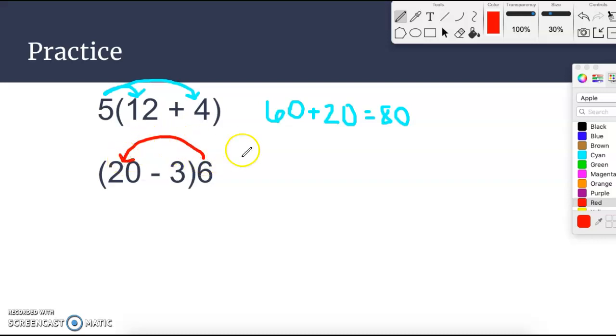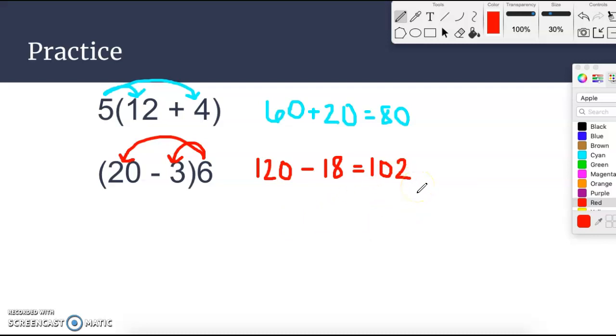So 6 times 20 is 120. And then we take the number on the outside of the parentheses and multiply it by the second number in the parentheses. So 6 times 3 is 18. And then this time we are subtracting. And 120 minus 18 is 102. So the quantity 20 minus 3 times 6 is 102.